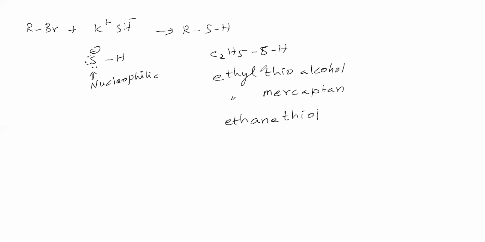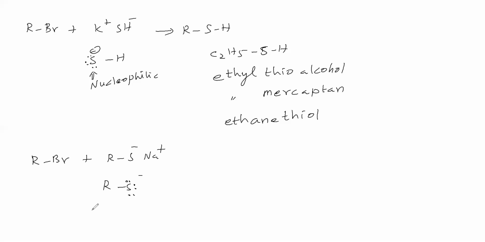Next we will take alkyl halide, and then a mercaptide ion. We have taken mercaptide ion, this RS minus. This RS minus is called what?